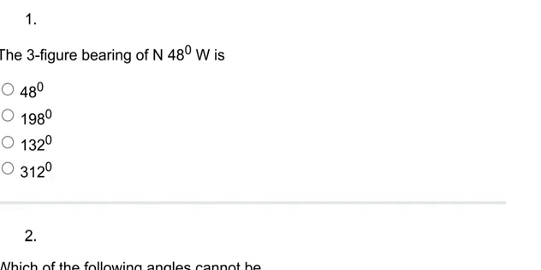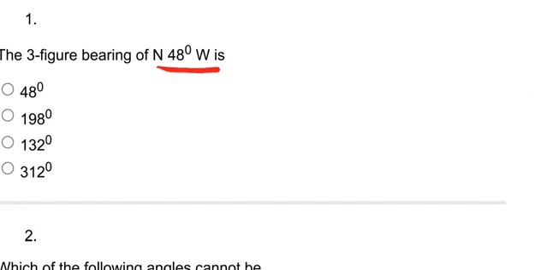So the first one asks you to change the three figure bearing of north 48 degrees west. That is, you have to change this compass bearing to three digit bearing or three figure bearing.